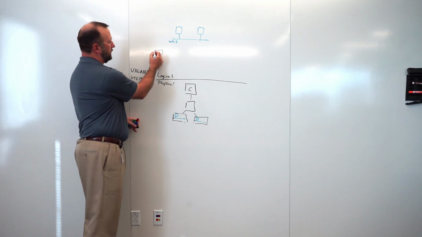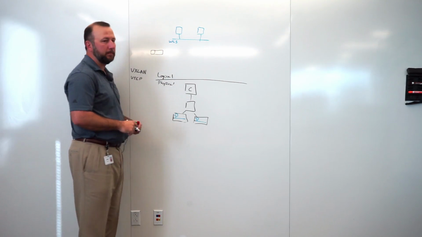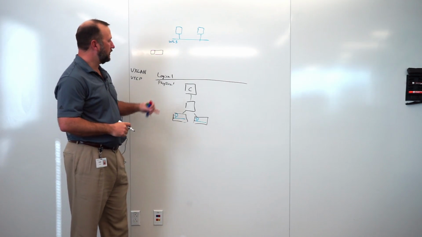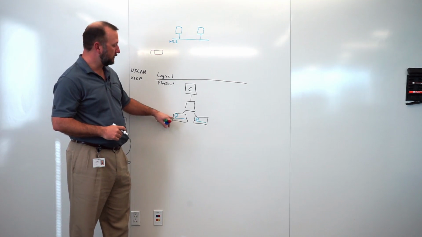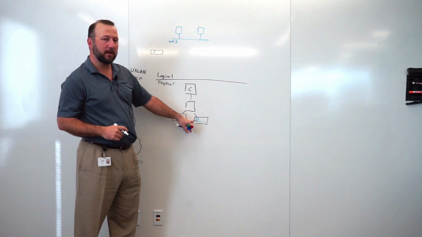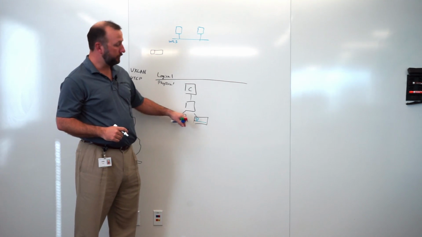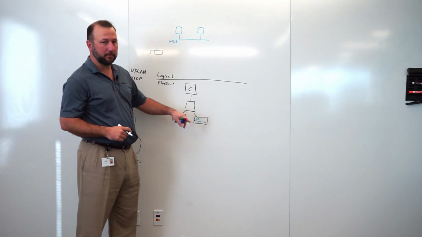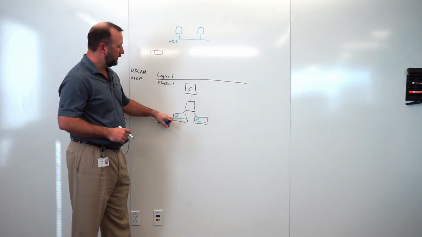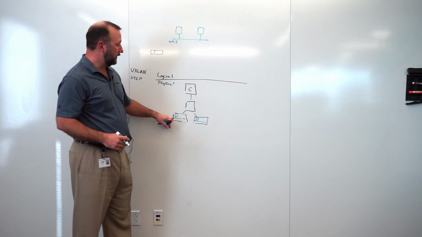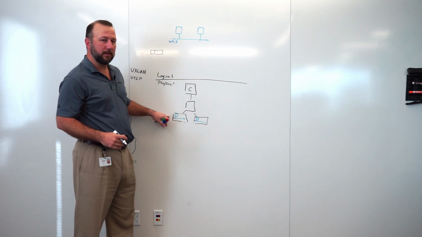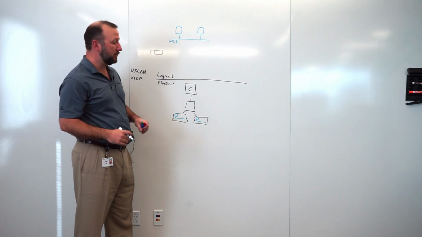At this point, the VTEP is going to add a 50-byte VXLAN header. So I'm encapsulating that layer 2 frame. The new destination IP is going to be the IP address of the remote VTEP. So I don't have to extend a VLAN from host to host in order to allow this layer 2 communication. I just need to be able to route from host to host. If they're on the same VLAN, great. If not, I just need IP communication from VTEP to VTEP, as well as a 1600-byte MTU.